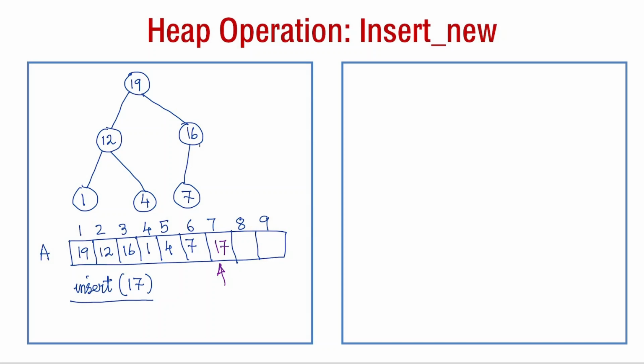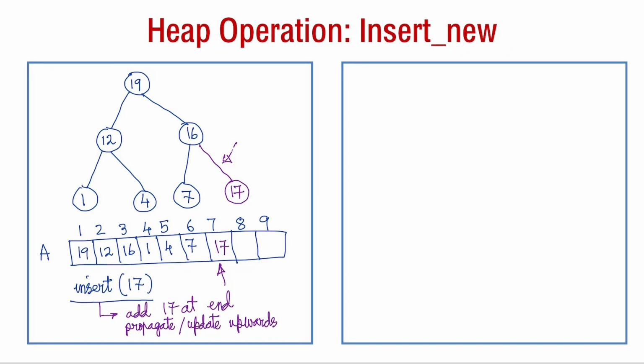Once it adds 17 at the end, the most important operation is to propagate, or update, upwards.